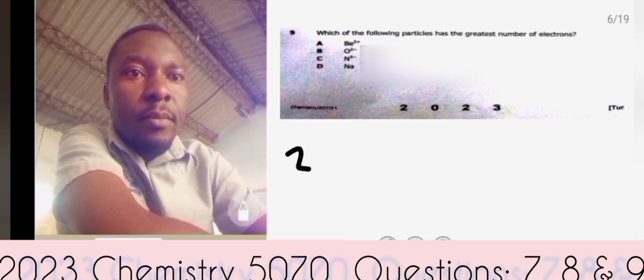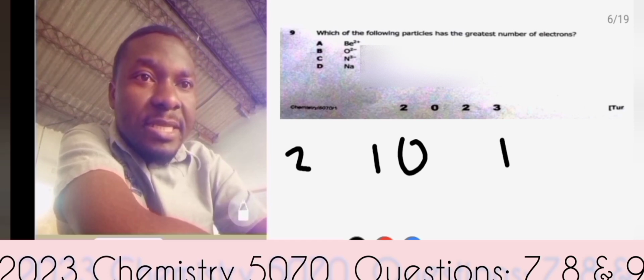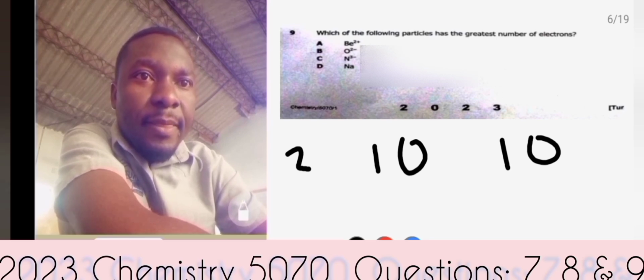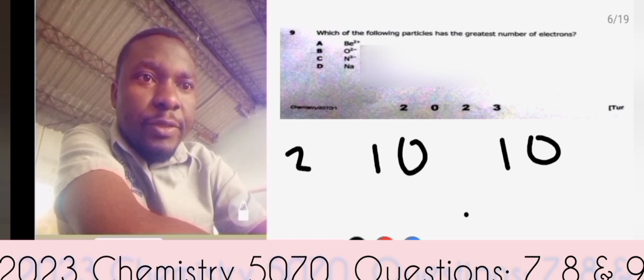Okay, then we have 10. Then the third option is showing this particle that has 10 again, all right? Then the fourth option shows sodium with 11.